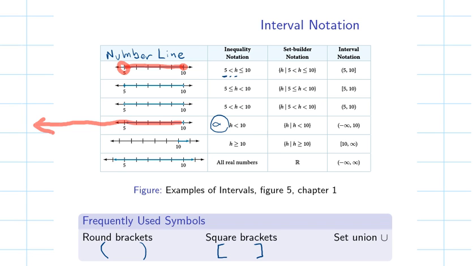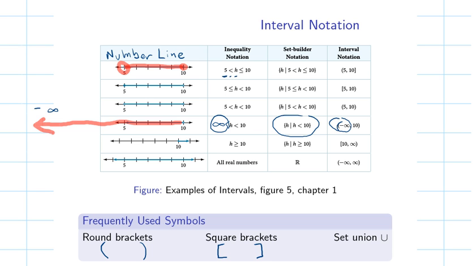In set builder notation, we don't need to write that h is greater than negative infinity because every real number is greater than negative infinity. But in interval notation, we do want to write negative infinity. Negative infinity is on the left, infinity is on the right. And of course, we use a round bracket because negative infinity and infinity are not real numbers.